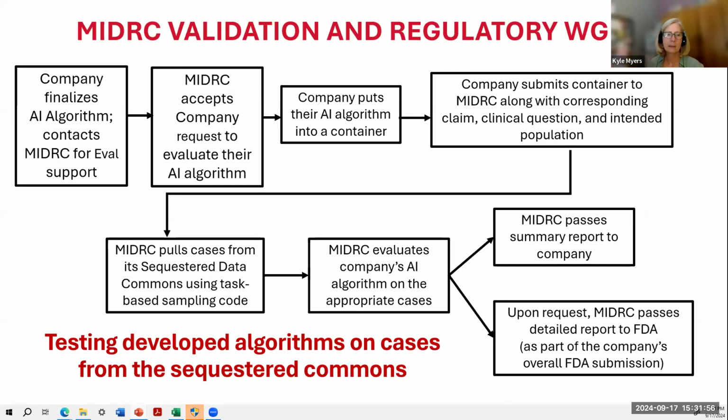MIDRC makes use of the task-based sampling code to pull cases from the sequestered data commons, evaluates the algorithm on those appropriate cases, and passes a summary report back to the company upon request. Only when this is deemed desirable by the company does a report get prepared and given to the company to be submitted to FDA on behalf of MIDRC.